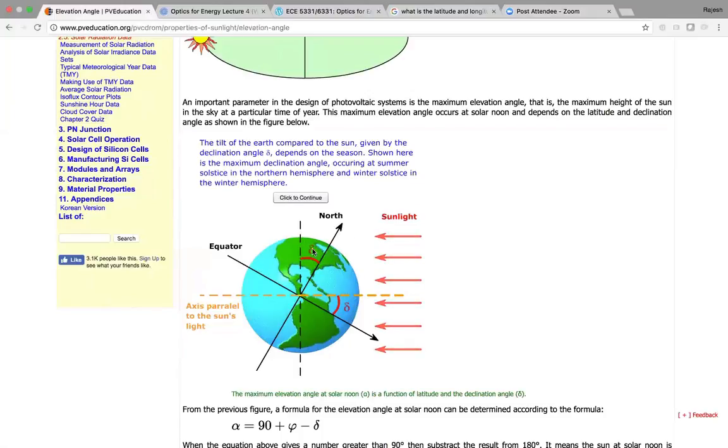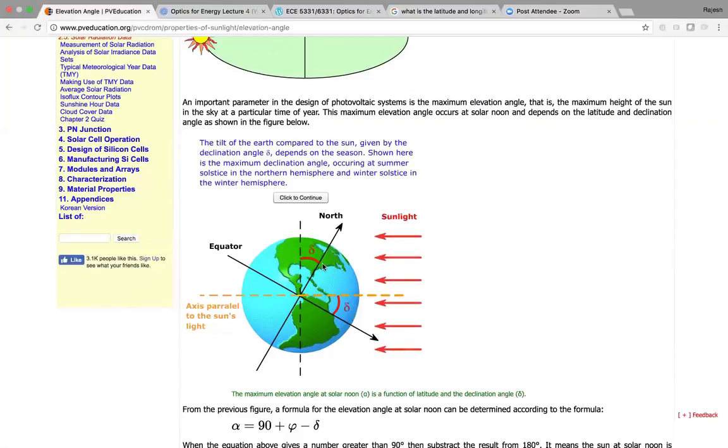And this delta, shown here, is the angle of the axis of the Earth relative to the vertical, the plane that's perpendicular to the sunlight coming here. It is called the declination angle, or delta. Of course this changes with the time of year as the Earth revolves around the sun.